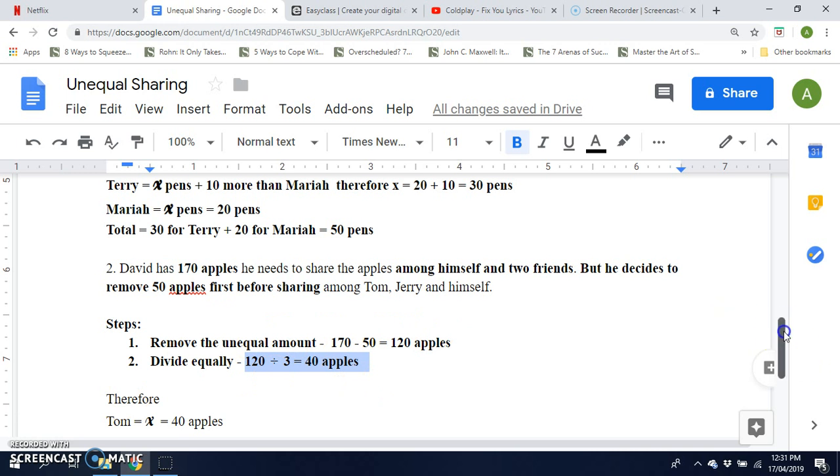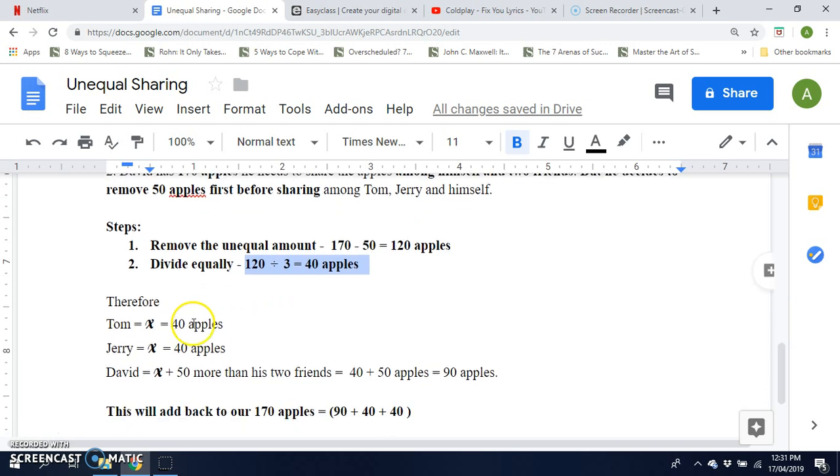Then you start doing, this is where your statements are important. Now remember, as I said in the beginning of the question, I do not know how much Tom is getting. I do not know how much Jerry is getting, and I do not know how much David is getting. What I do know is that David has to get 50 apples more.